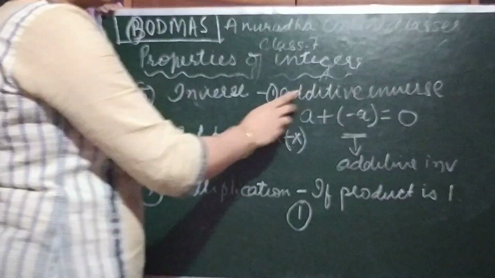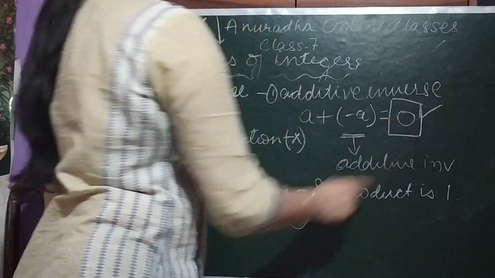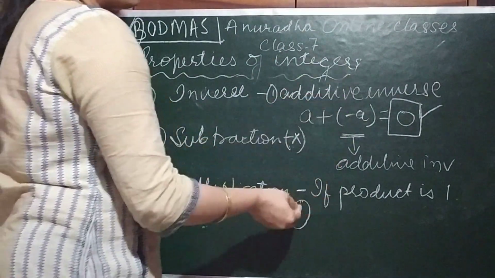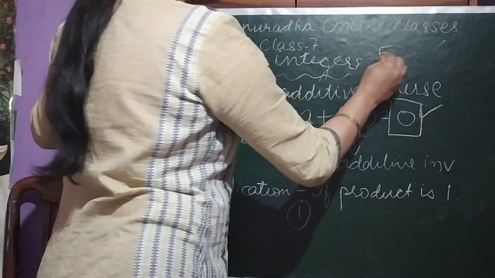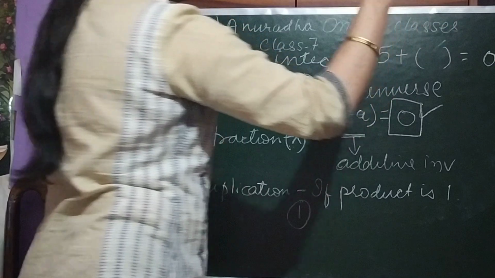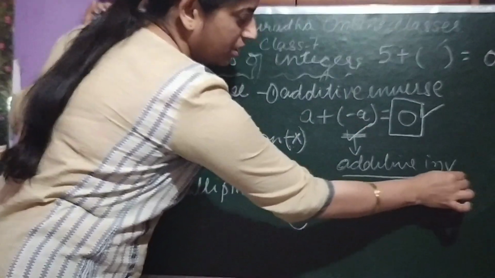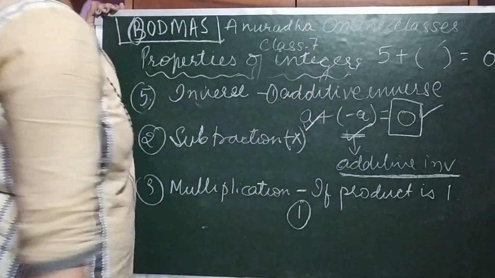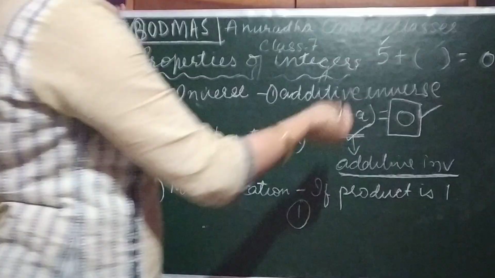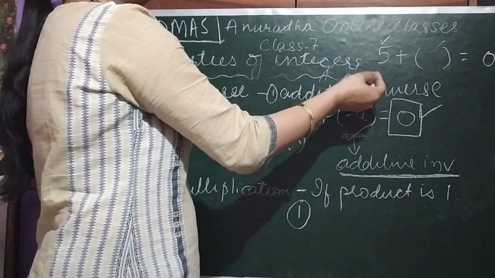Means for additive inverse, we need the sum to be 0. Suppose we have taken 5, so 5 plus what will get 0? So this is known as the additive inverse of a, right? If the question is to find the additive inverse of 5, how will you find it?